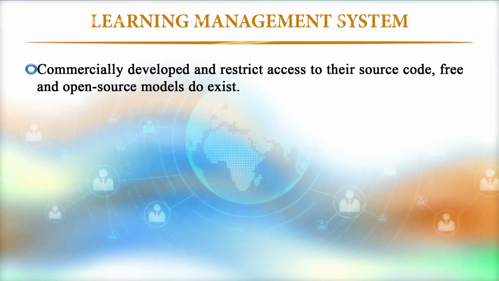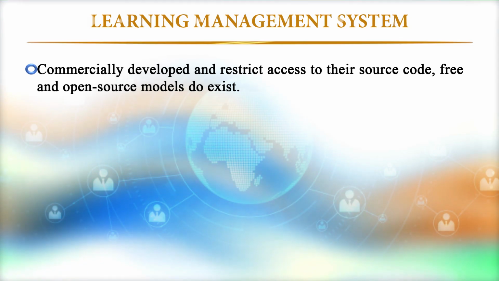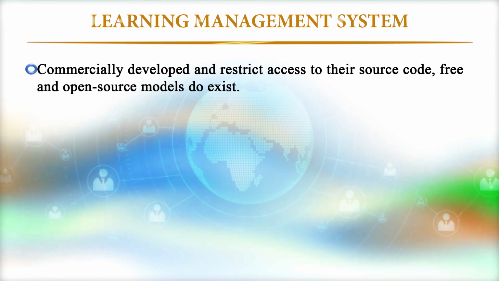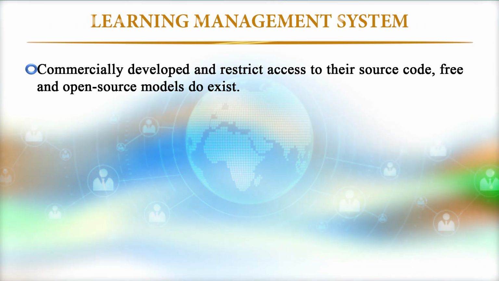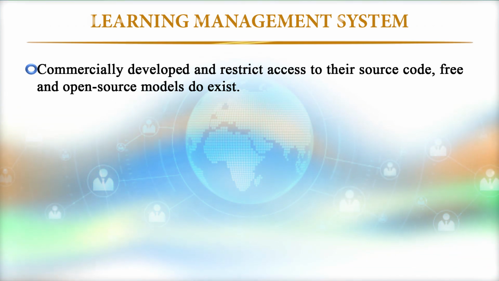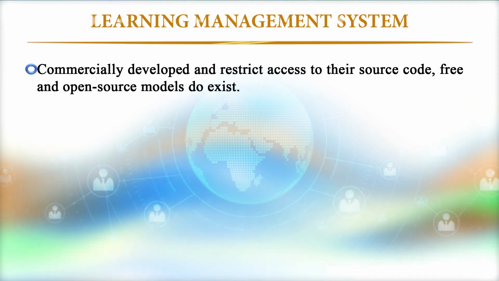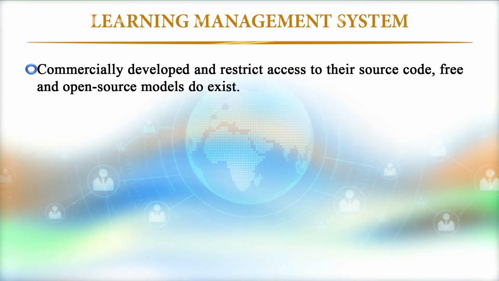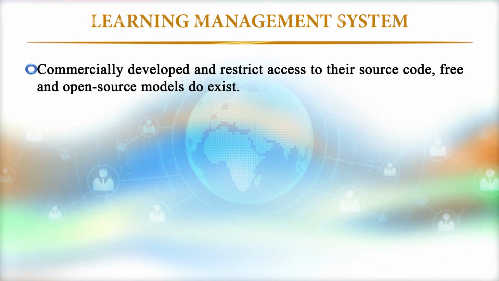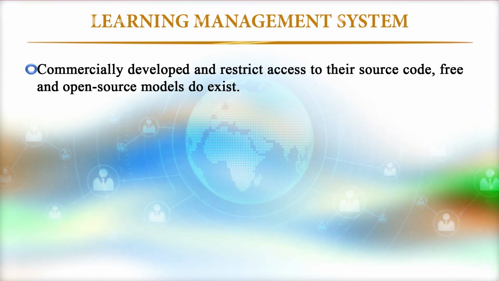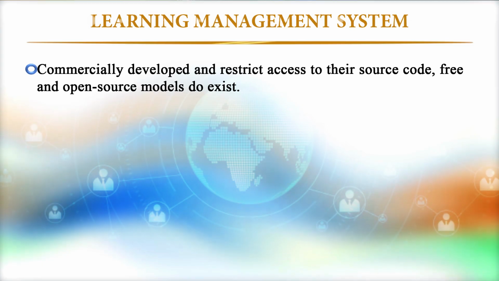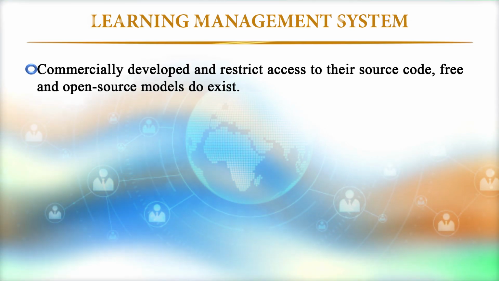A learning management system may be commercially developed, with restricted access to the source code, or a free and open source model may also exist. That means there are two types of learning management systems available. One is the commercially developed learning management system, which you have to purchase, or otherwise get the facilities from the developers.